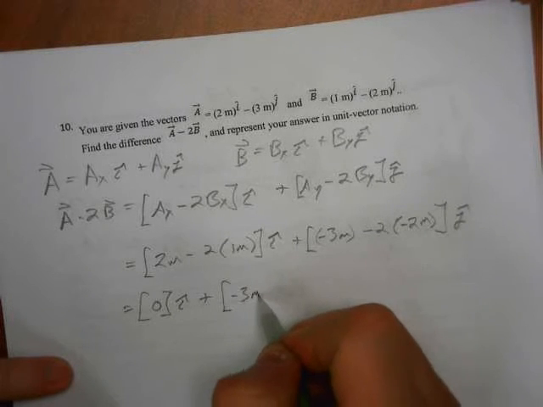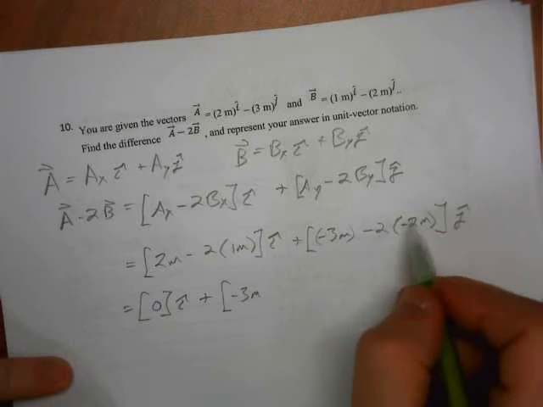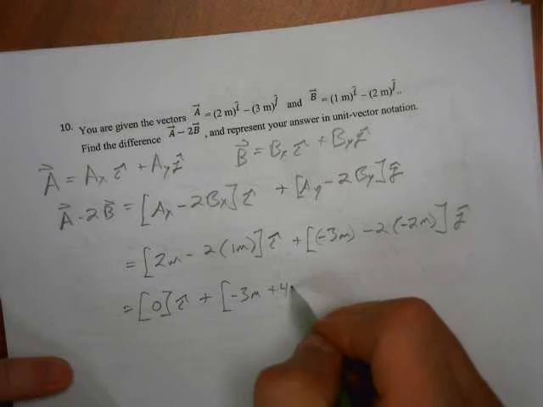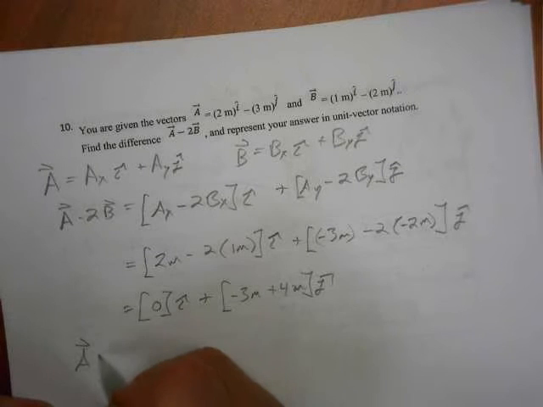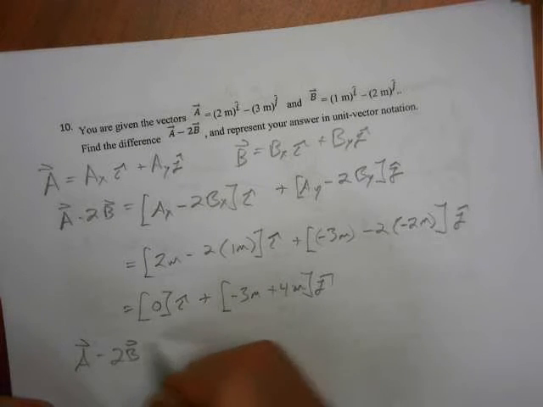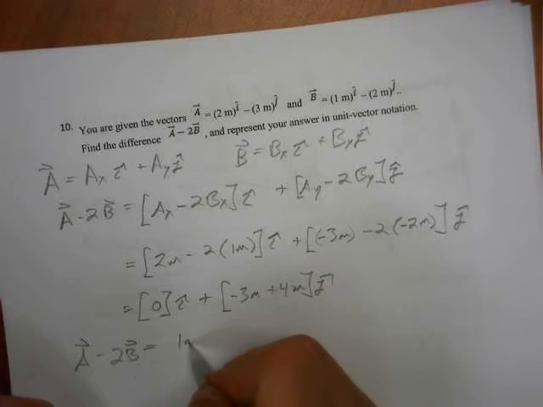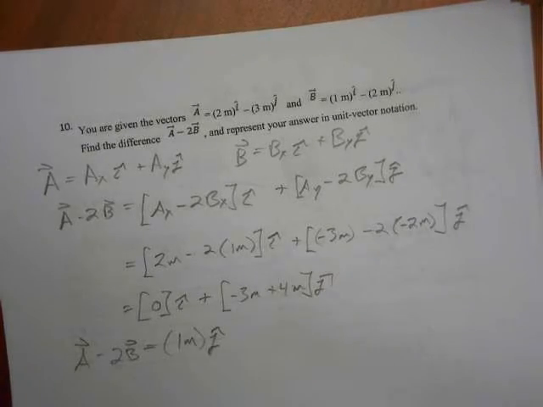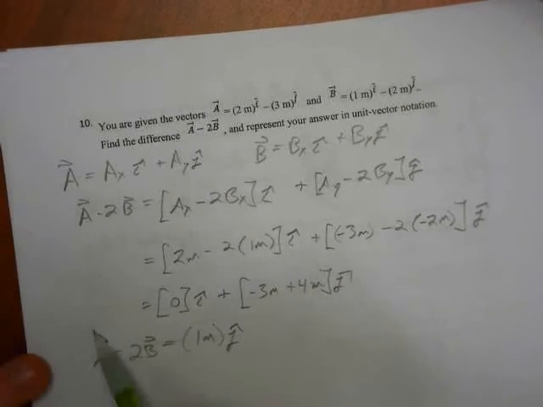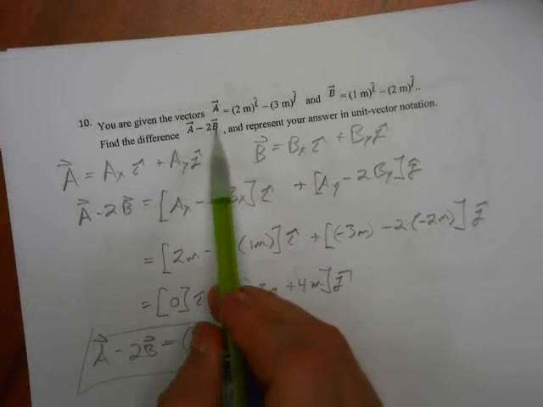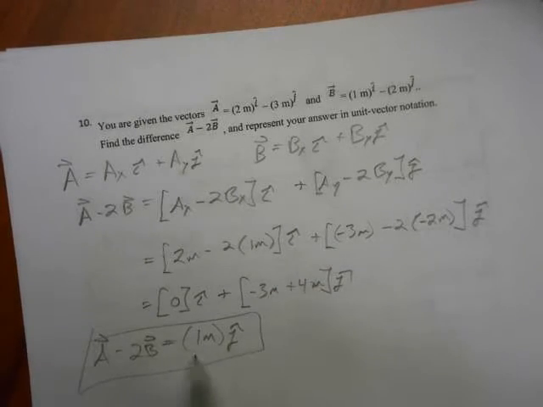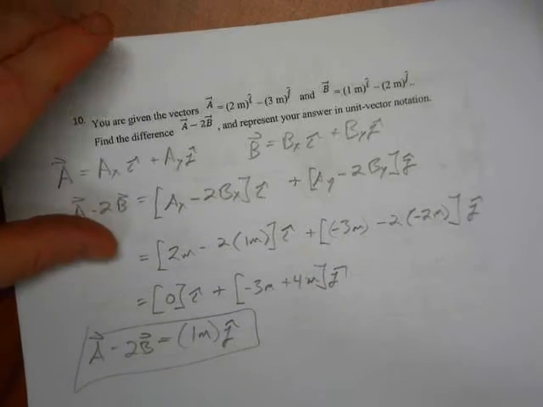Negative 3 meters, negative 2 times negative 2 is plus 4 meters j hat. So a minus 2b is just 1 meter j hat. That's your answer. So the two x components completely canceled out once you performed this operation. So there are no x components left in the resultant.